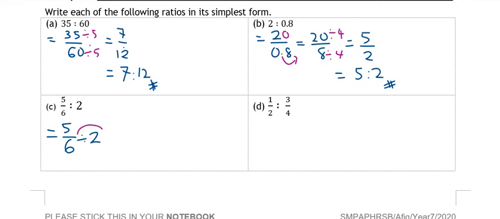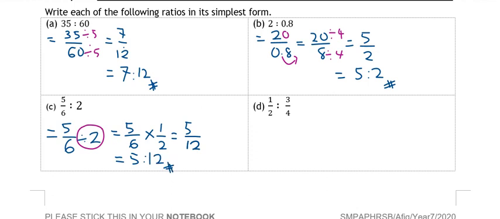You know that here you have to do the reciprocal. 5 out of 6 times 1 over 2, and you get 5 out of 12. Right, now here, this is already your answer, which is 5:12.